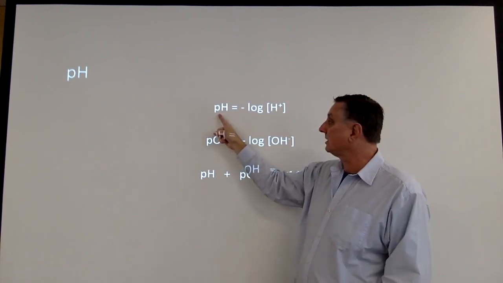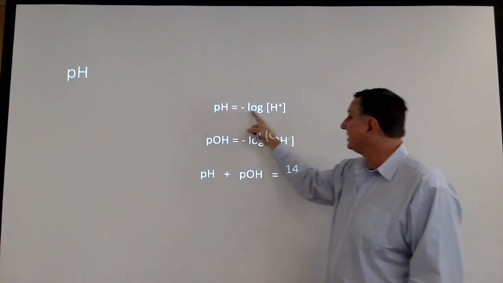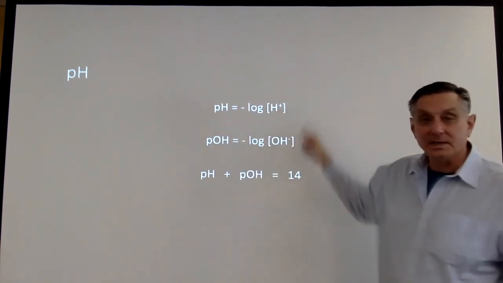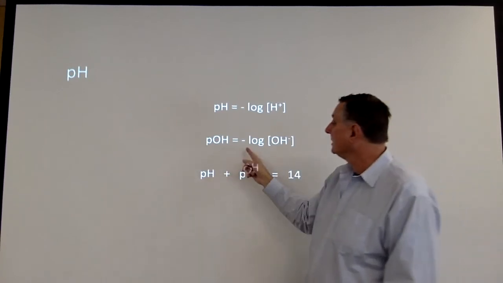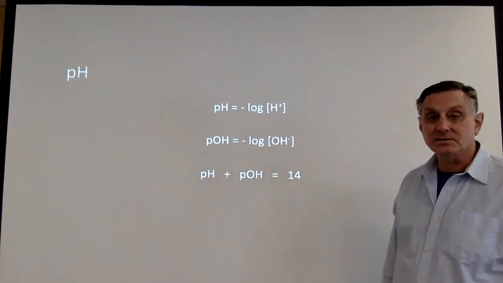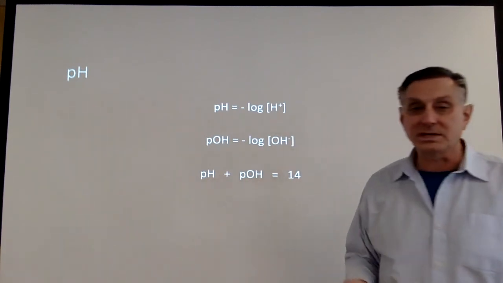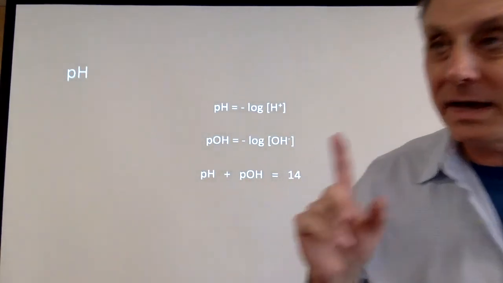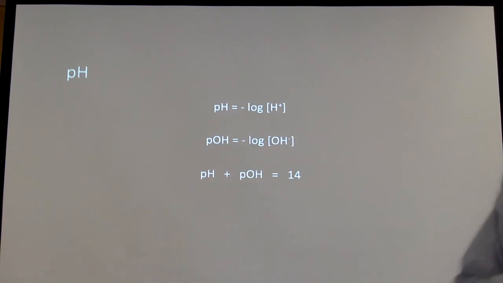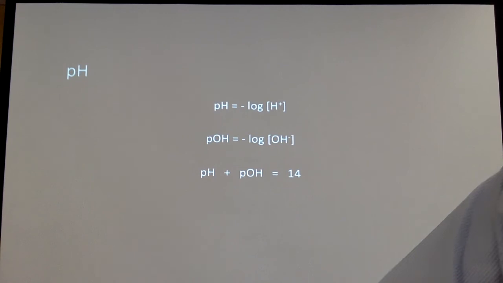Little p, negative log of. So pH, negative log of hydrogen ion concentration. pOH, negative log of hydroxide ion concentration. Together, pH plus pOH is equal to 14. Always. And always the case for aqueous solutions, water solutions at room temperature.